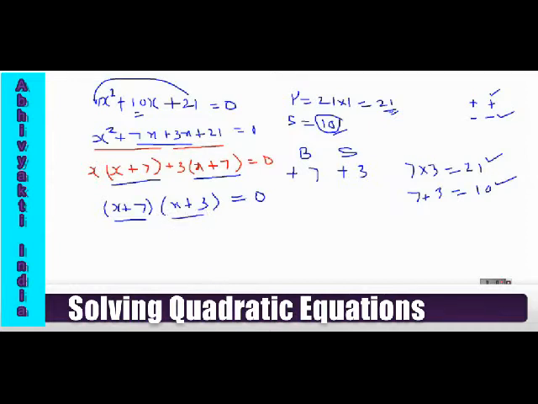Therefore x plus 7 should be 0 or x plus 3 should be 0. If you solve this, you get x is equal to minus 7 and x is equal to minus 3. Therefore, the roots of the given equation are x is equal to minus 7 and x is equal to minus 3.